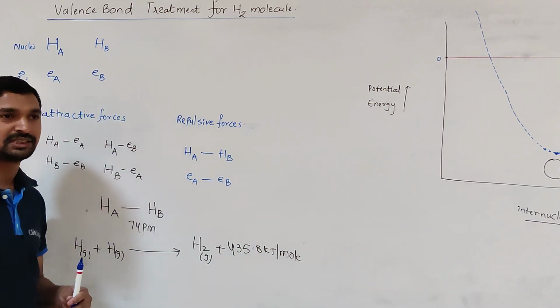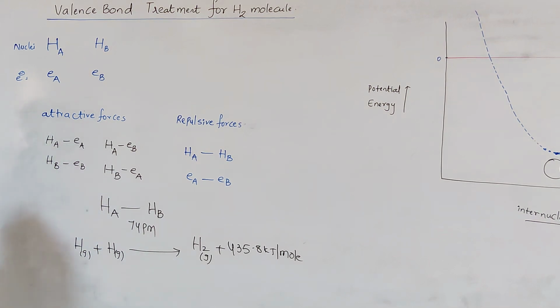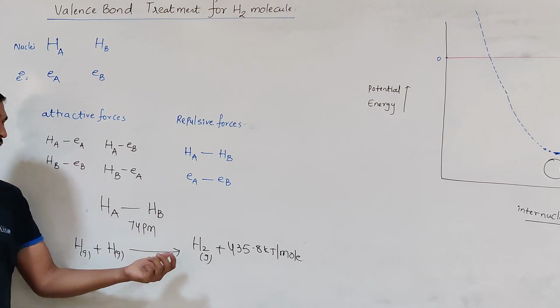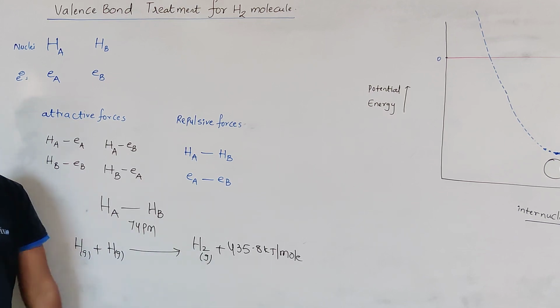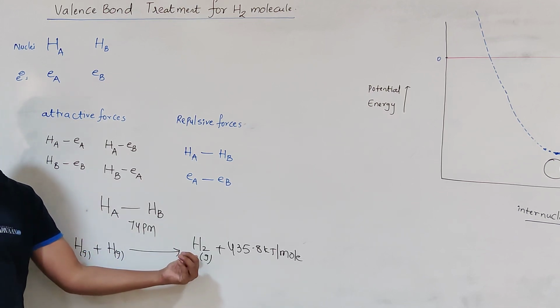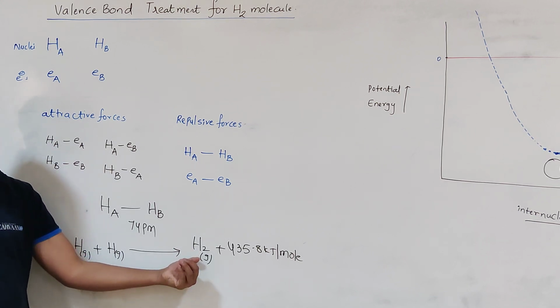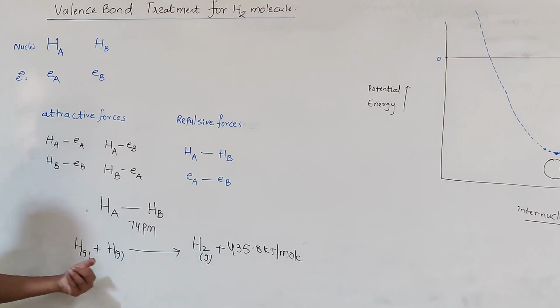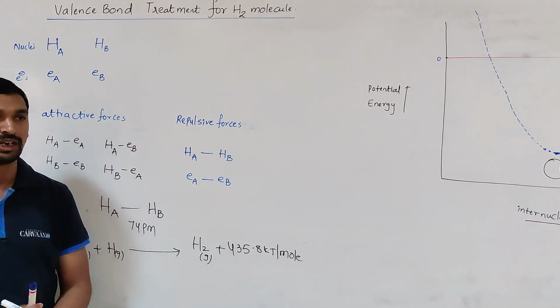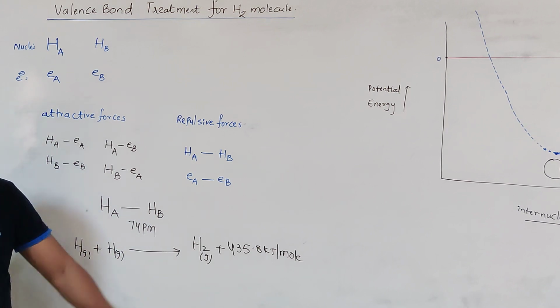This much energy is released during the formation of the hydrogen molecule. The molecule formed is the most stable and has the minimum energy. That's why the hydrogen molecule is said to be more stable than the individual atoms, releasing 435.8 kilojoules per mole of energy.